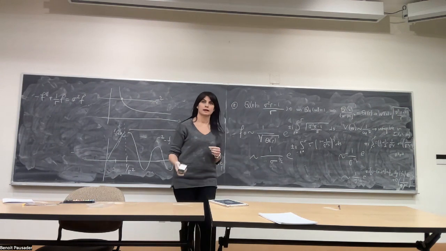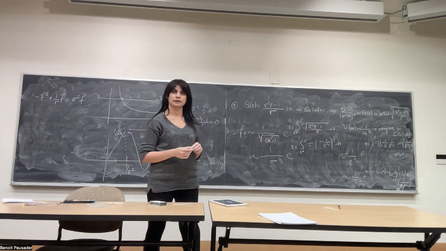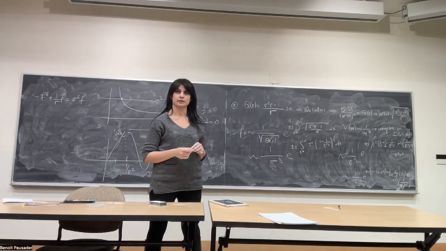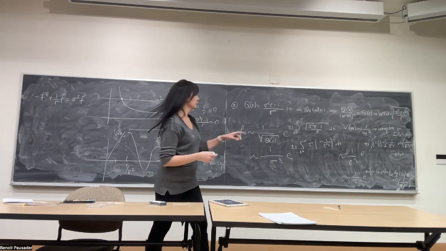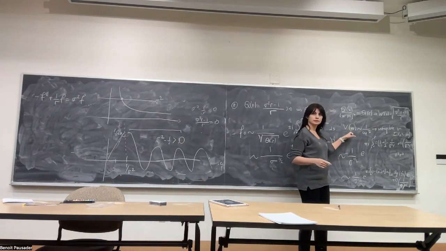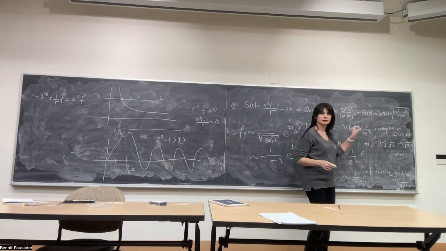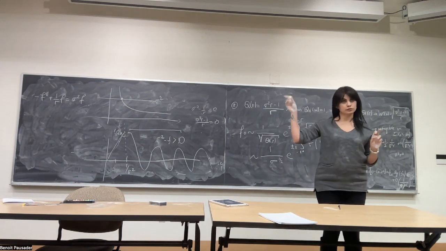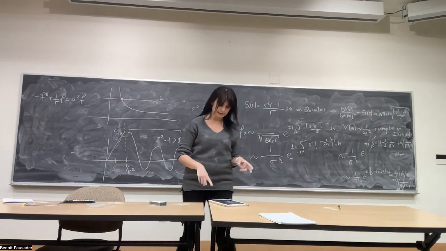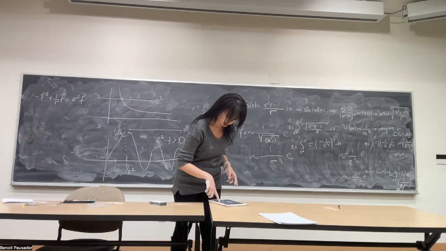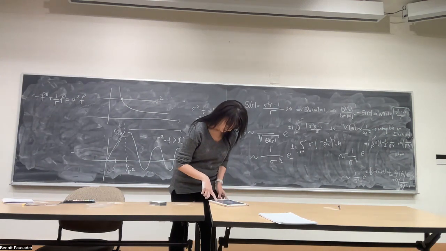Before you write, what behavior did we find to the left of the turning point? What do the notes say? To the left, I was going to actually write it down in a bit. I can tell you. One over W cube.